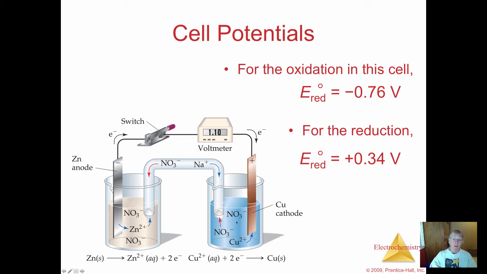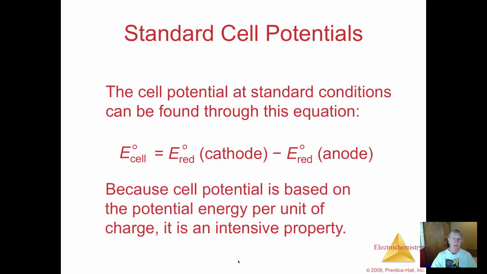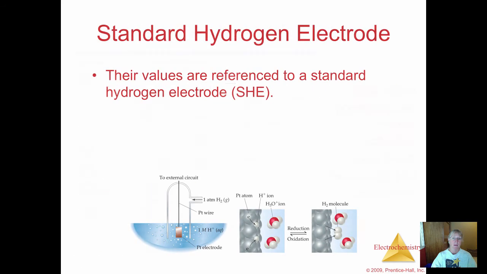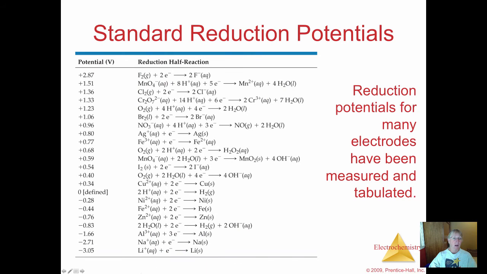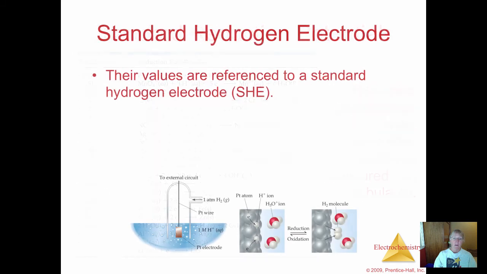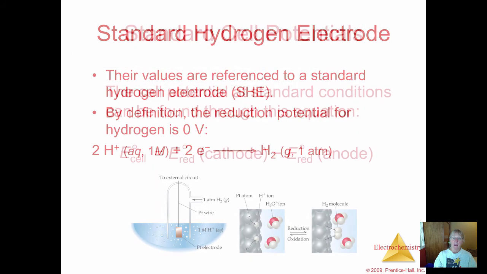On the cathode side, it's already a reduction. You go and you find this one in the chart. Let's go find it. I want to prove this to you. Here is copper right here, and you have to always be careful because there are different kinds of copper. So it's showing that a positive 0.34 is the reduction potential for what's happening over at the cathode.